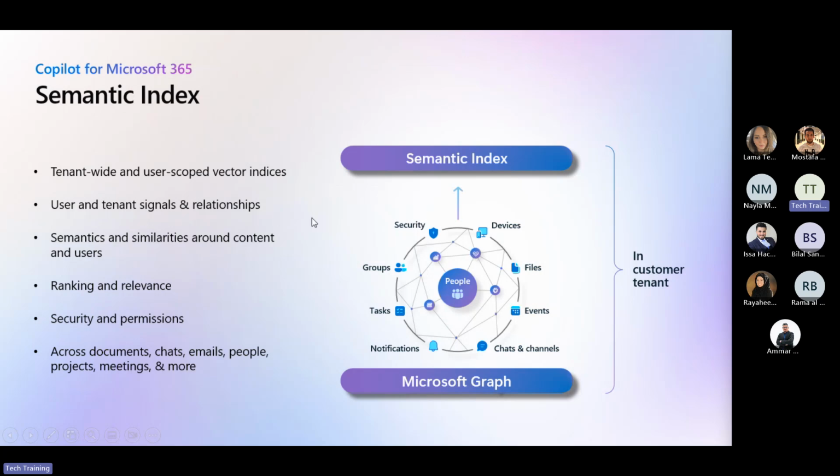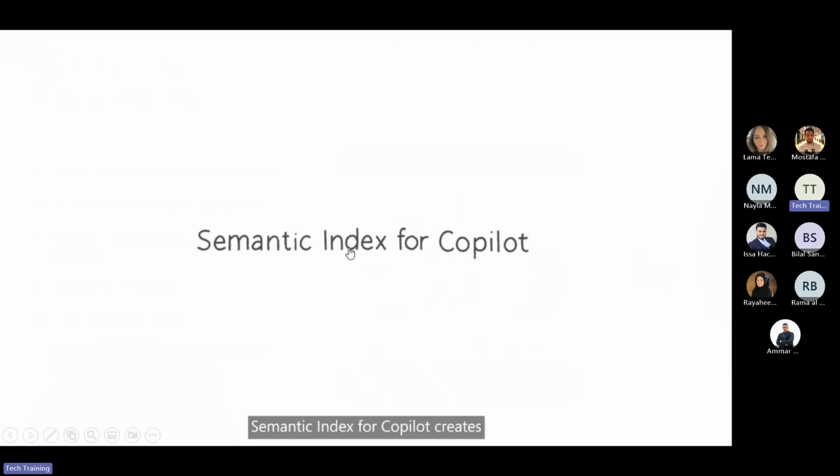User and tenant signals and relationships, semantic similarities around the content, ranking and relevance, security and permissions across documents and chats, so it can work around all the components of the environment. I will show you a demonstration, but let me mute myself to give you better audio.